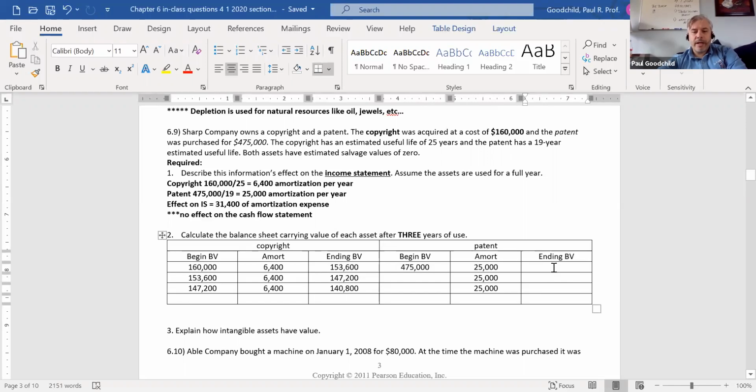Here, math is a little bit easier, 450,000, 425,000, and 400,000.